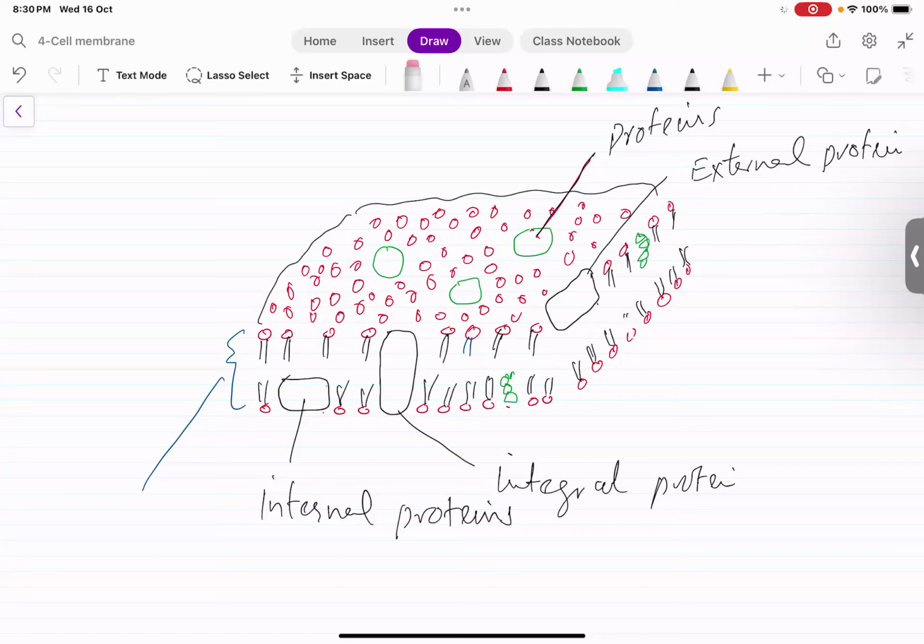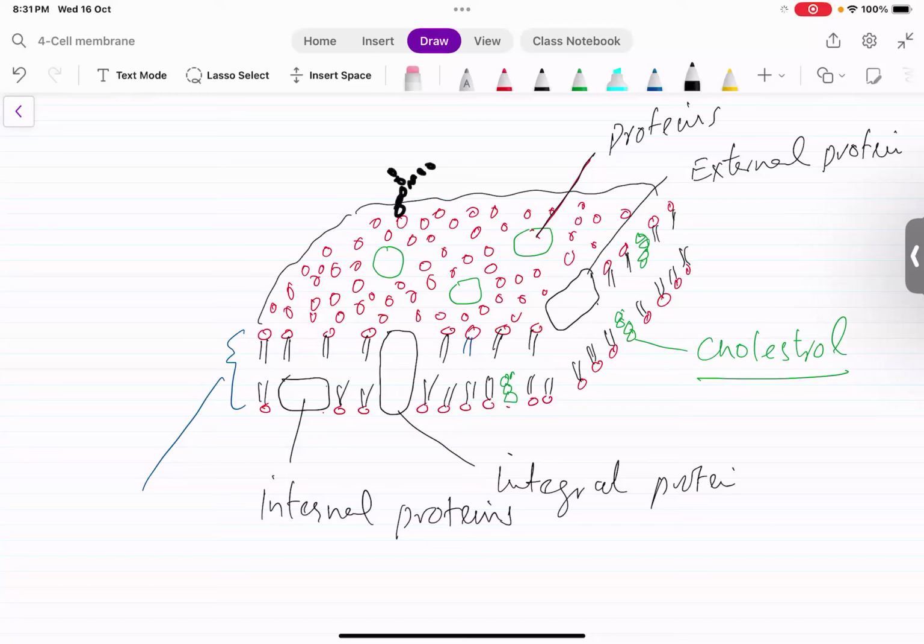We'll discuss how the cholesterol molecules have the head which is polar, and the tail part which is non-polar, and so that is how they are easily embedded in the monolayer. So this is the cholesterol molecule. We'll discuss the role of these components one by one, and then we will see there are branched carbohydrates.